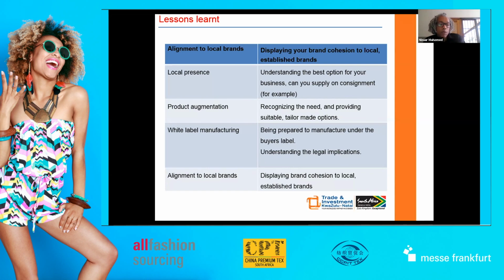That may be something they want to consider, but there are long-term legal implications that they need to take care of. It's events such as this that we think will help local manufacturers understand what the implications of white label manufacturing are. And then also the alignment to local brands, which we are beginning to see playing an increasingly large role in local companies wanting to establish themselves abroad, especially in the AGOA marketplace.